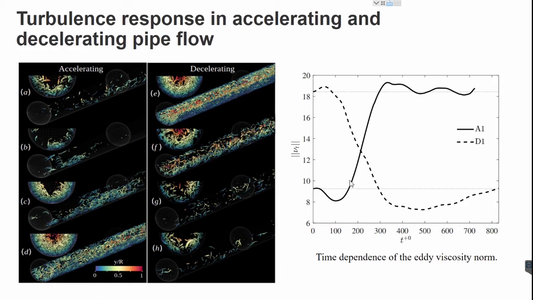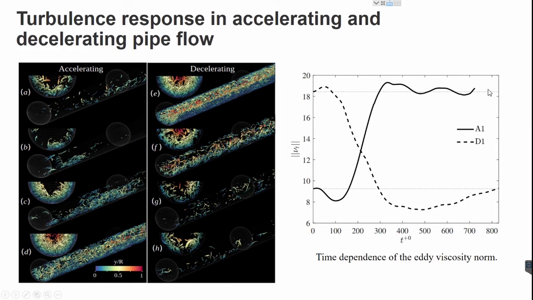And then the eddy viscosity responds with a very, very big delay. So for the accelerating case, what is interesting to see is that the eddy viscosity, after being frozen for a short period of time, decays, undershoots the initial steady state, and then it grows up almost linearly, and then it keeps fluctuating around the final steady state.